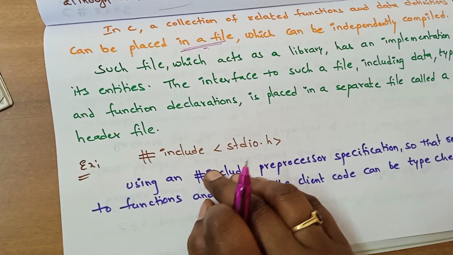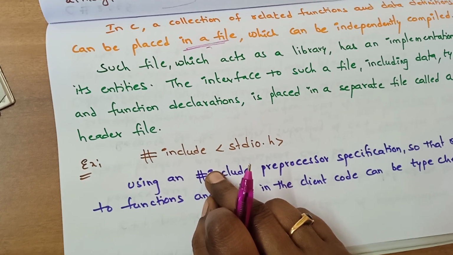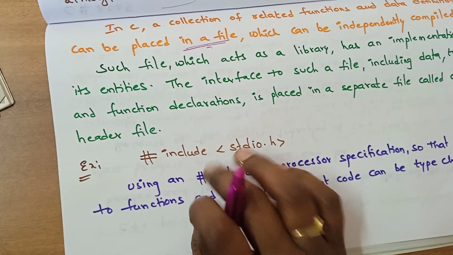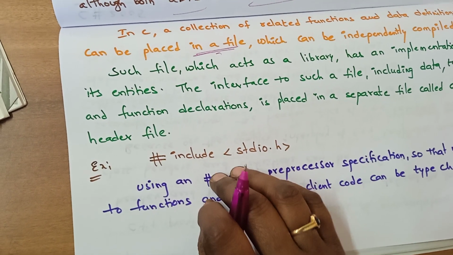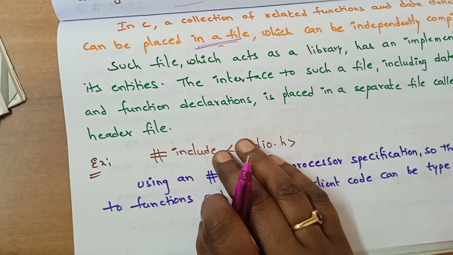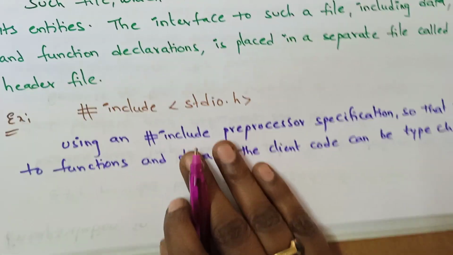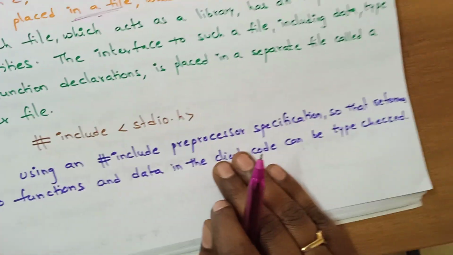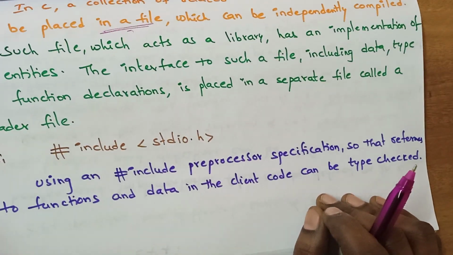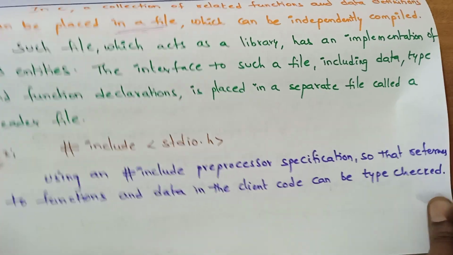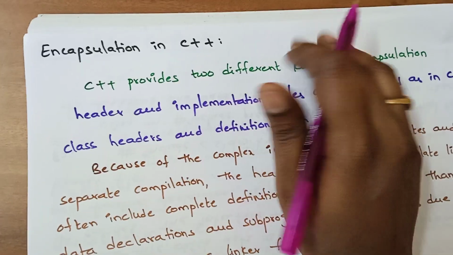The hash include specification also documents the fact that the client program depends on the library implementation file. This approach effectively separates the specification and implementation of an encapsulation. So this is how encapsulation is provided in the C programming language.